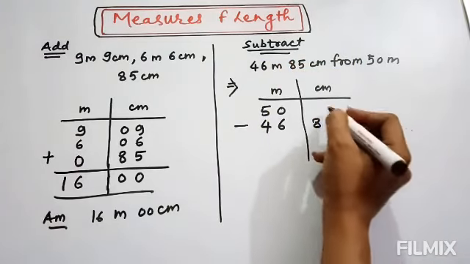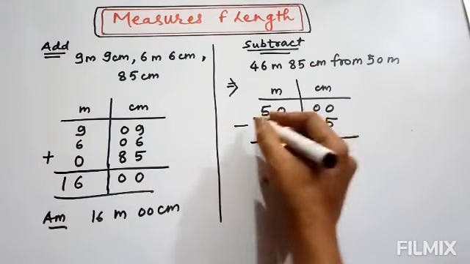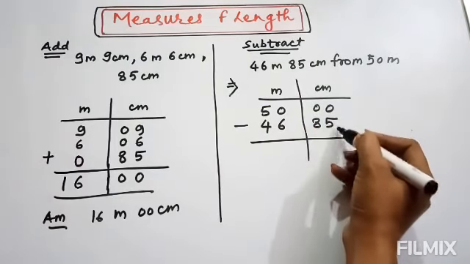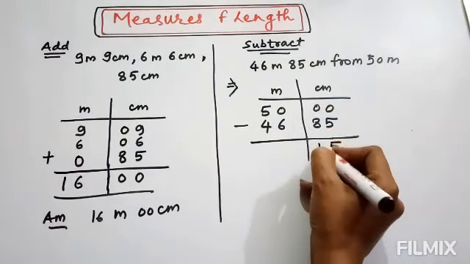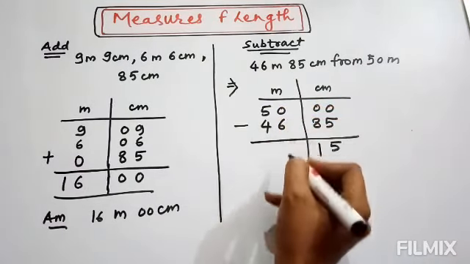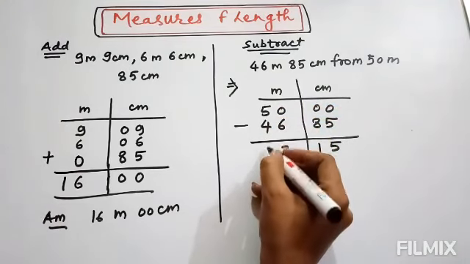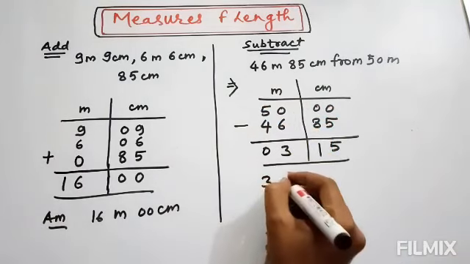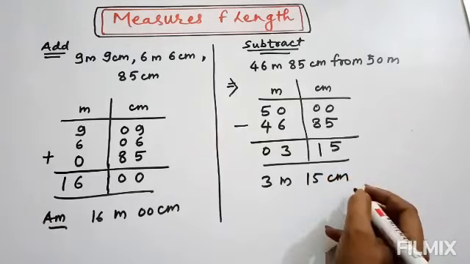As there are no numbers above, we can write 0 and subtract. Now we'll take a borrow, so it will be changed into 10. 10 minus 5 is 5, 9 minus 8 is 1, 9 minus 6 is 3, and 4 minus 4 will be 0. What answer do we get in this? 3 meter 15 centimeter. Okay.